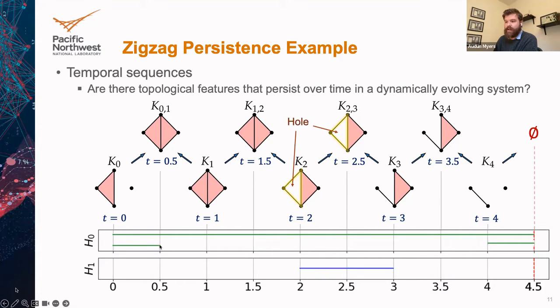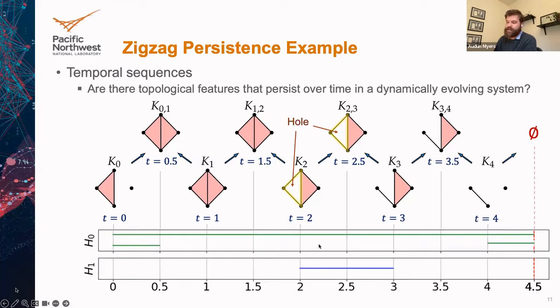So this short line here represents the short lifetime of this single node component. And then as you persist through time, this one component stays and it continues. But then at time 2, we can see this hole shows up, and this is tracked in H1. So we can see that it shows up at time 2 in H1, keeps persisting through time 2.5, and then at time 3, it disappears.